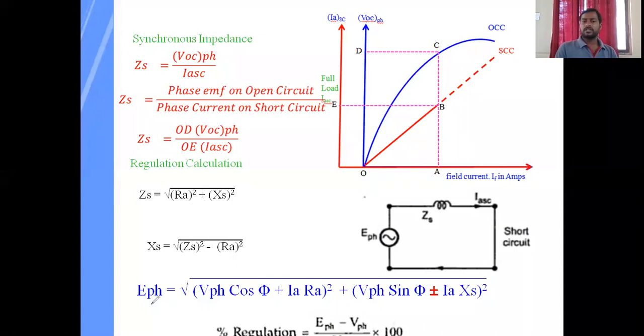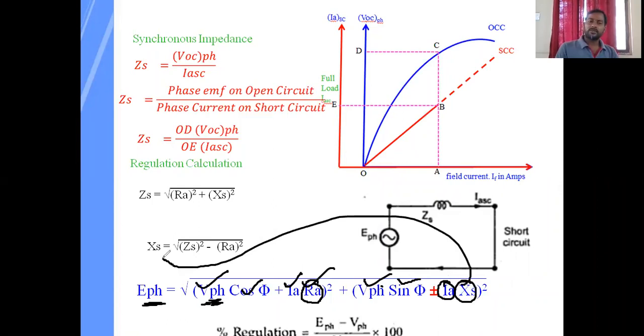So this is the formula: E phase is equal to V phase plus IA times impedance drop, and this is already available in the problem. If you solve a problem, you can understand they will give E phase, V phase, power factor and current. We already know the RA and the voltage, and this is from the power factor, plus or minus for lagging or leading. IA we know. XS from this data.